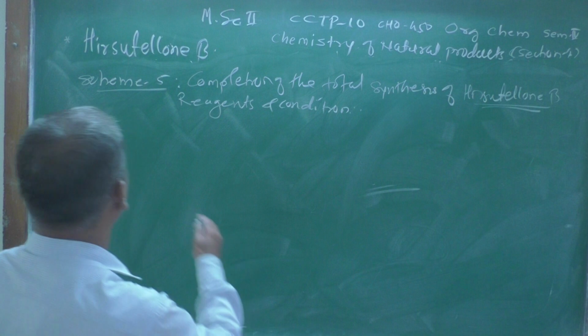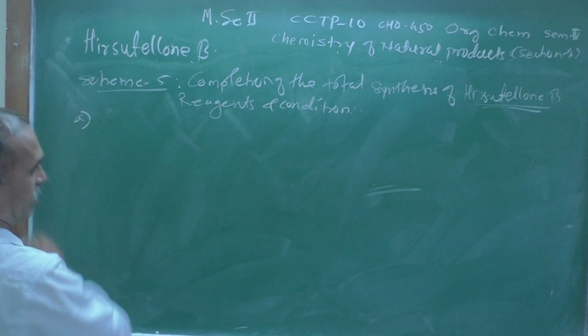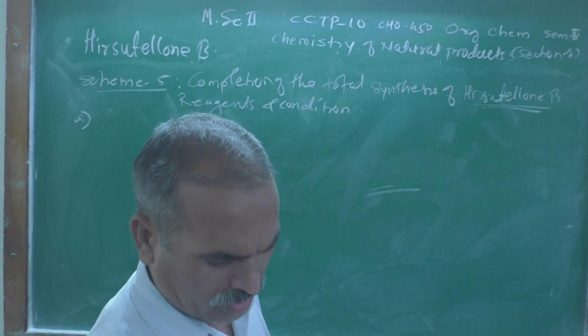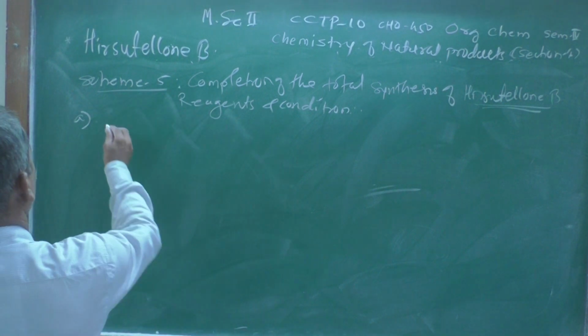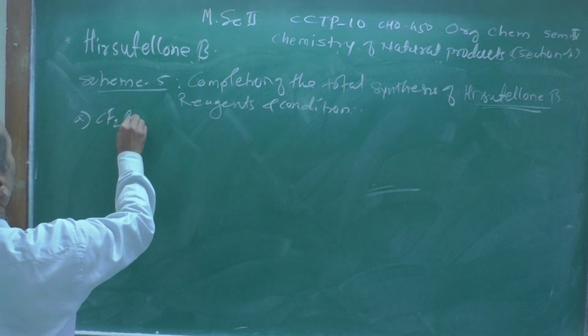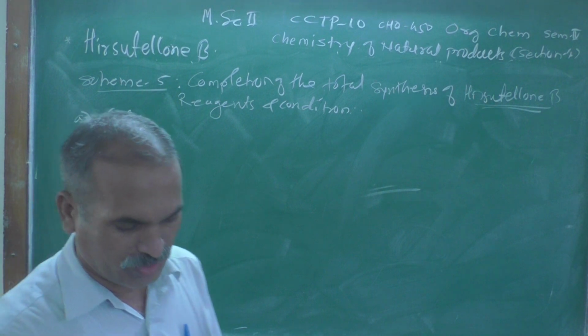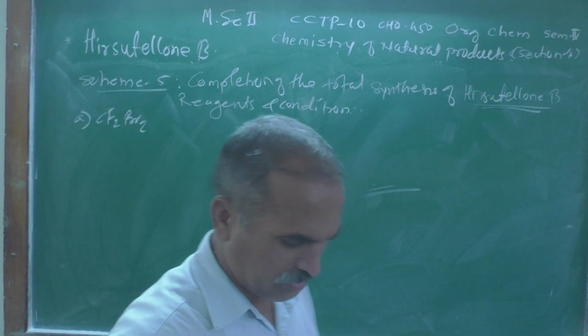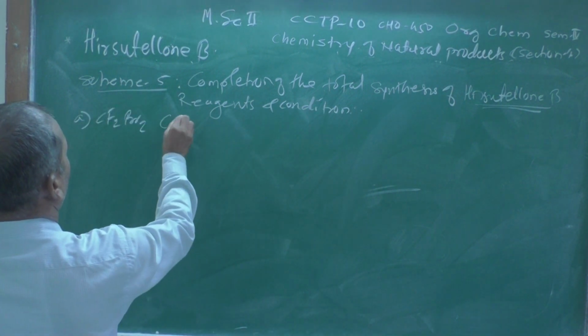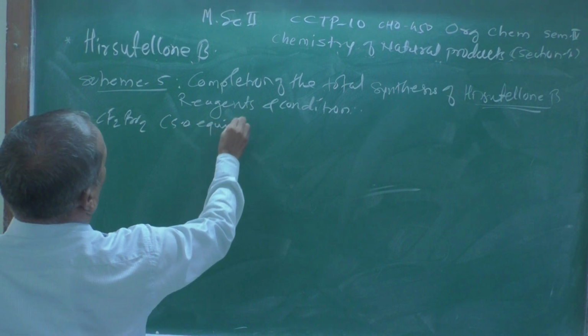First of all, reagent A we are using over here is CF2Br2, dibromodifluoromethane, taken at about 5.0 equivalent.